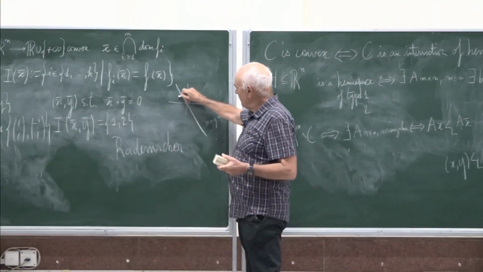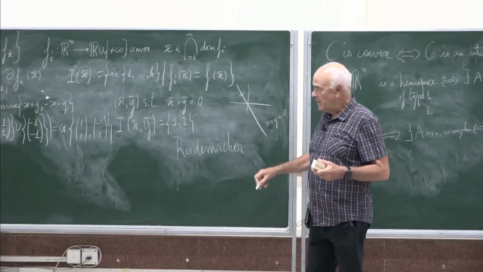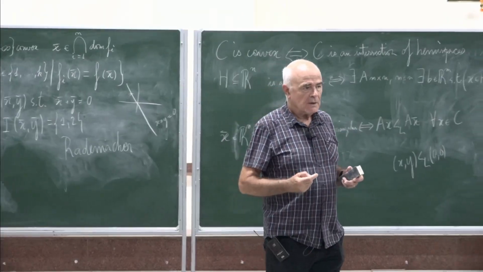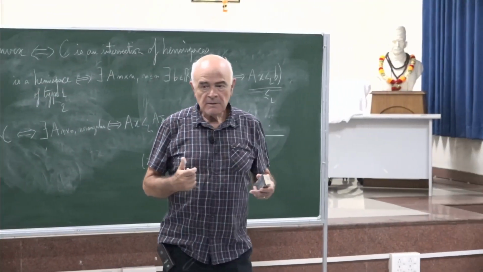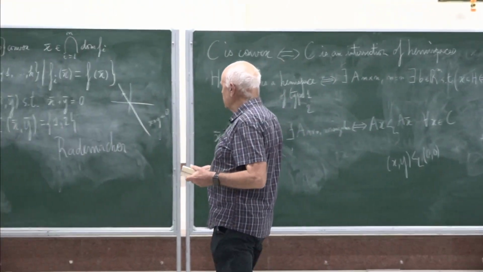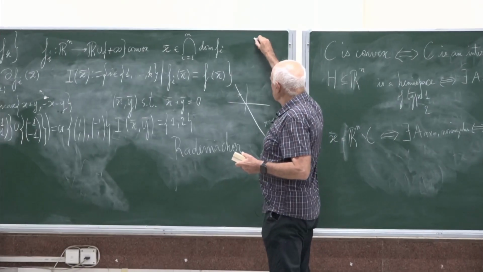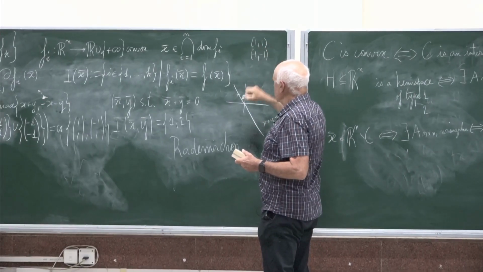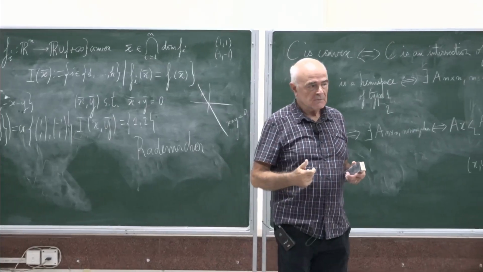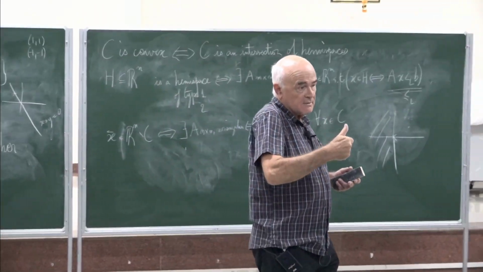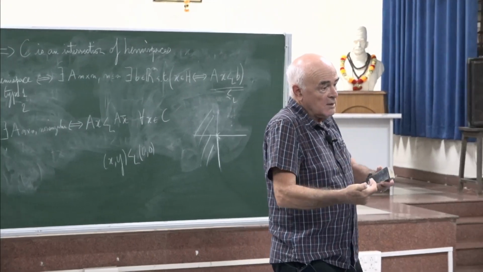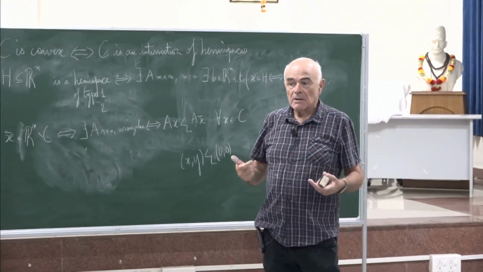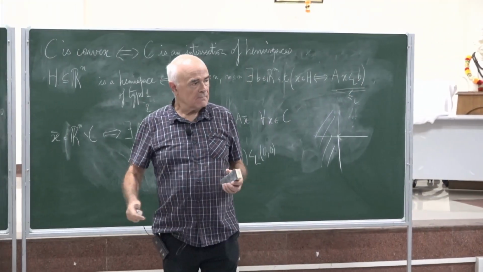So any point here is a limit of points in either half plane, and on one side the gradient is (1, 1), and on the other side the gradient is (-1, 1). Take the limit, they are (1, 1) and (-1, 1), and take their convex hull, and you get that.